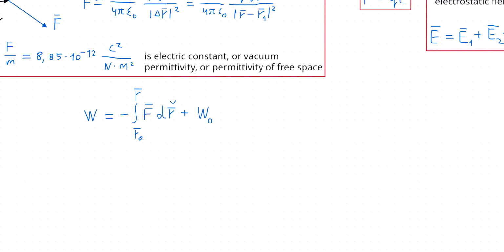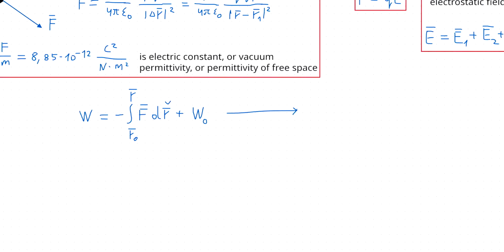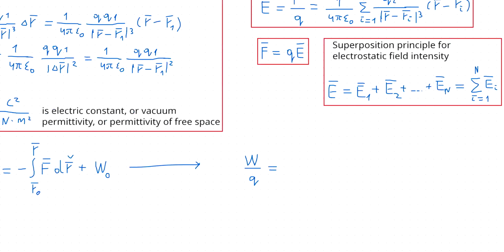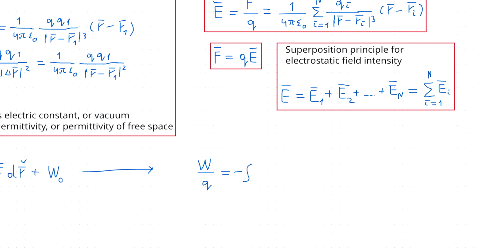We will get W divided by q is equal to minus the linear integral from r0 to r of F divided by q, dr, plus W0 divided by q.